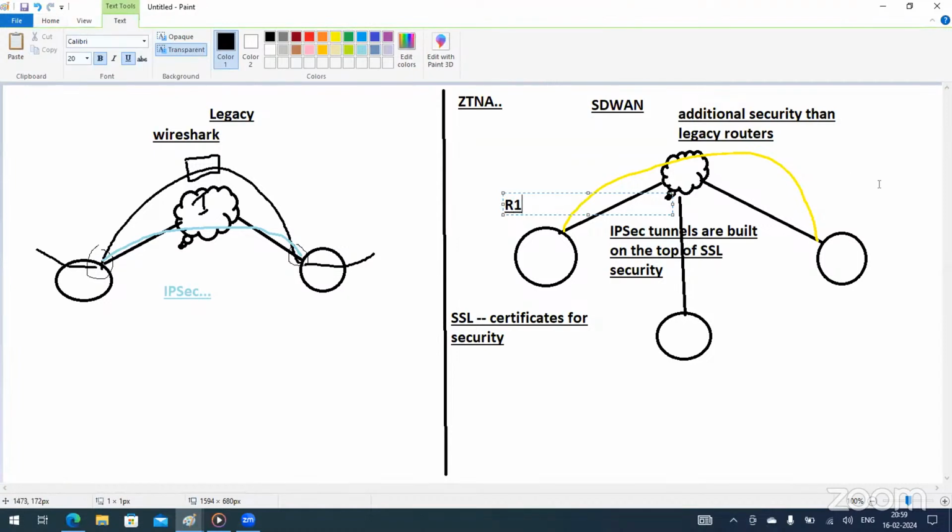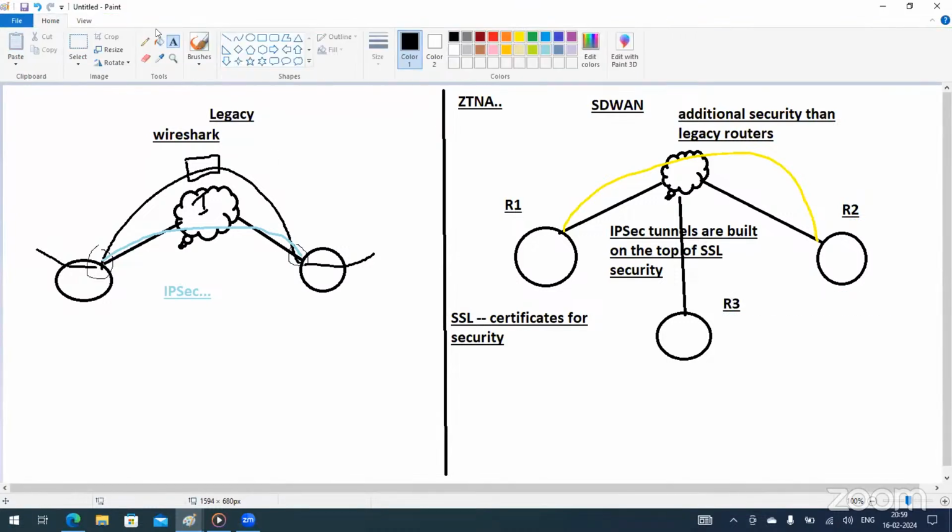sorry, this is R1, this is R2, this is R3, right? You see this yellow IPsec tunnel between R1 and R2, right? But since this R3 device does not have any IPsec tunnel, in SD-WAN, data flows only inside the IPsec tunnel. Whenever there is traffic coming in behind from LAN at R1, it would pass through this yellow tunnel.